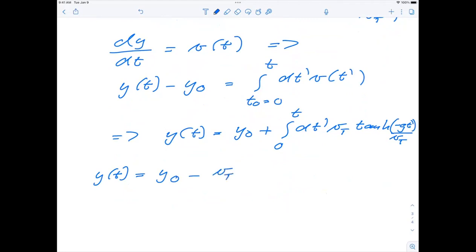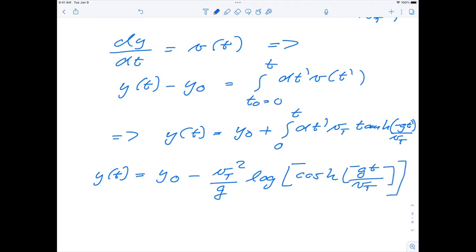And when you look up the table of integrals, you will find that this integral can be rewritten in terms of the log of a cosine hyperbolicus. So this is definitely not something which you would get at a midterm or a final exam. But sometimes it's good actually to see that some of these equations can be solved analytically.